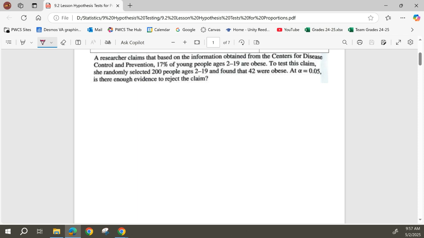And so here we have randomly selected 200 people. And we are measuring the weights of these young people, 2 to 19 years old, and deciding if they are considered obese or not.